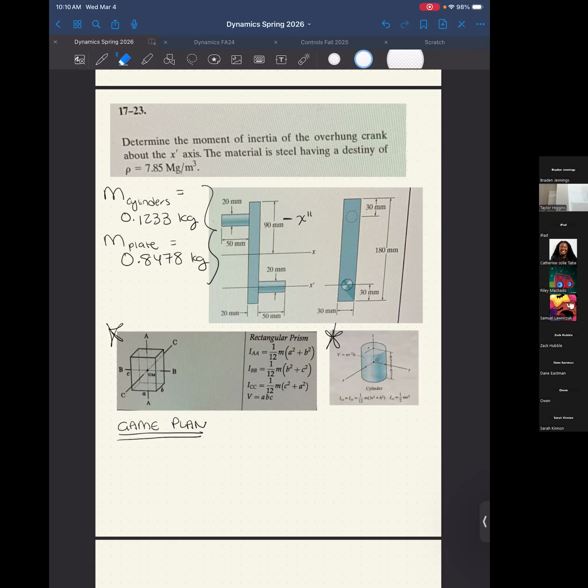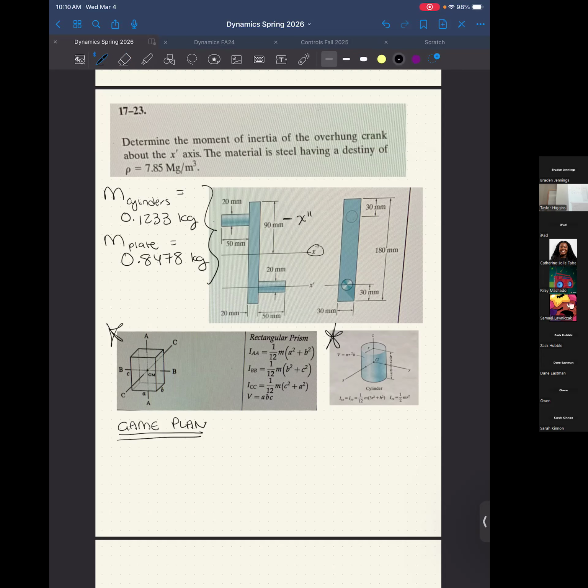I would just find the moment of whatever. So conceptually, what I'm trying to do is take the cylinder, find its distance from the x-axis and its mass.